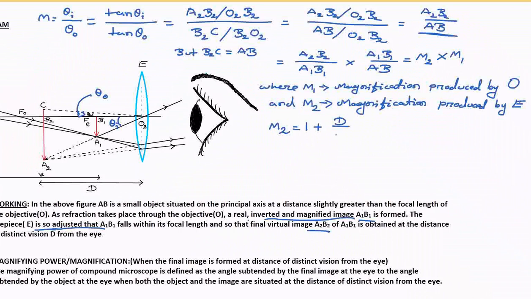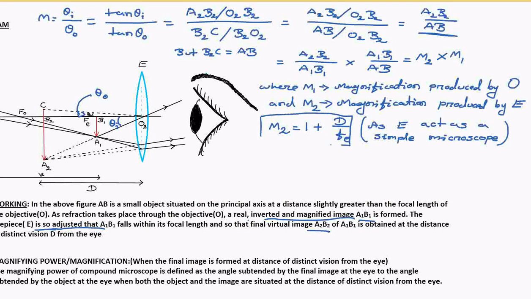Here f is the focal length of the eyepiece, which is FE, as E acts as a simple microscope, and we already derived the magnification produced by a simple microscope.